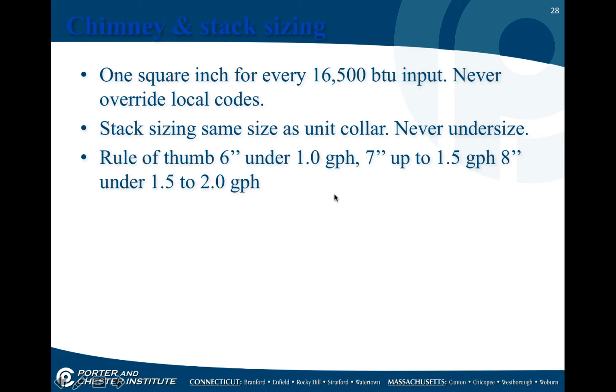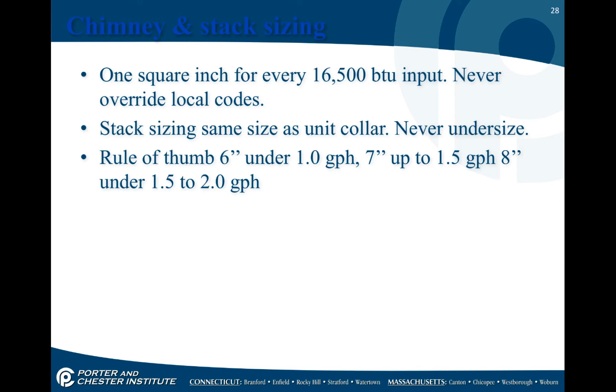One square inch of chimney size for every 16,500 BTUs of input. Now check local codes, because that's a rule of thumb. Your local codes may be a little bit different. The stack size has to be the same size as the unit collar. In other words, if the collar coming out of the furnace is a 12-inch collar, you cannot go down to a 10-inch or 8-inch pipe.